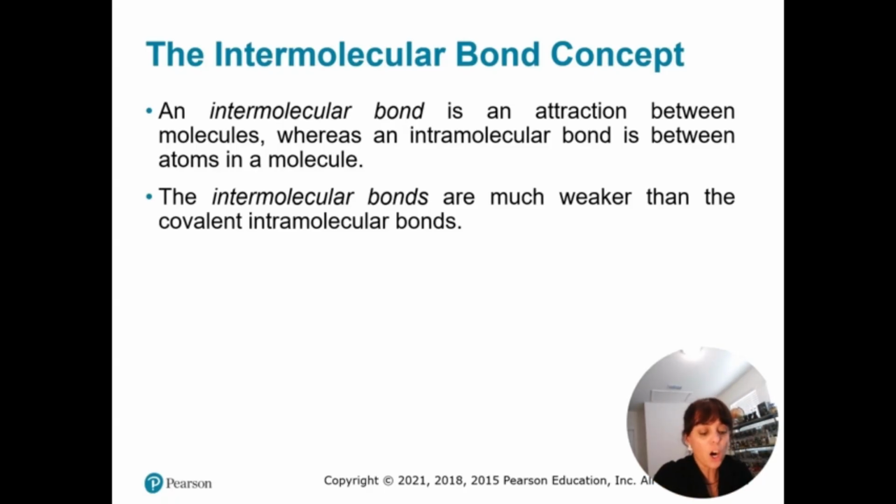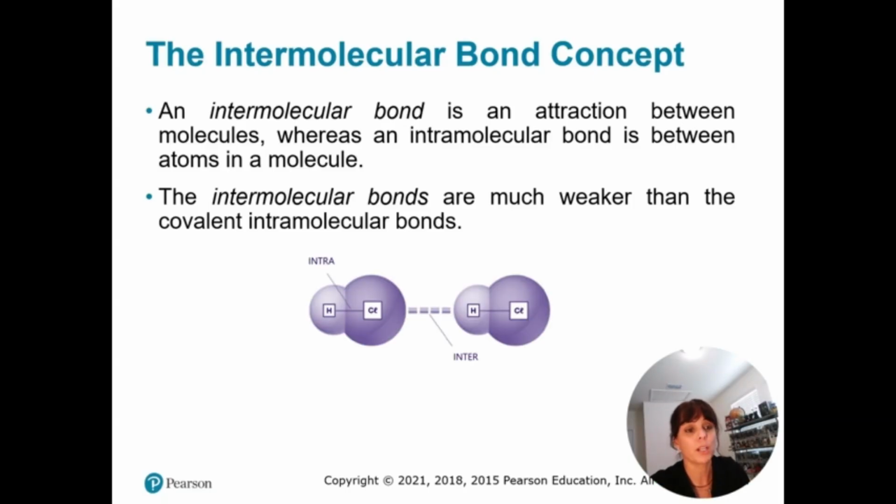But it's not hard to separate those two molecules, because that needs less energy than breaking down a covalent bond. That is the difference between intra and intermolecular force. Here two HCl, hydrochloric acid, are bonded together by intermolecular force, and here is the intra, that is the covalent bond. So don't get confused.